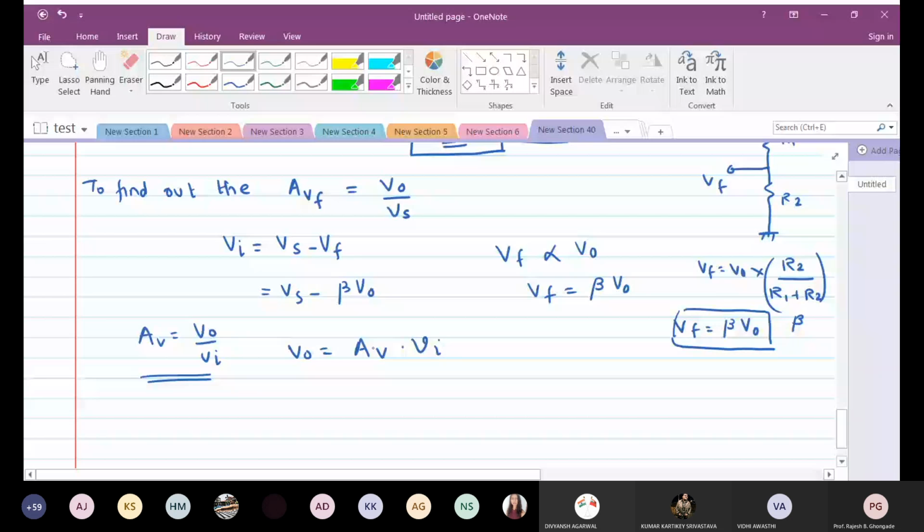Okay. Now I'll get the value of VI from this equation. Call this equation 1. Substitute it here. What do I get? VO is equal to AV into VS minus beta VO.